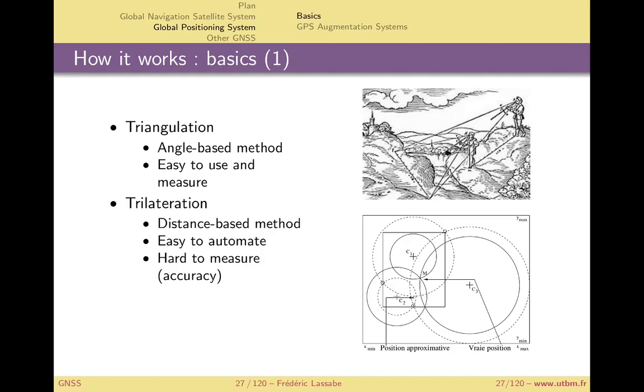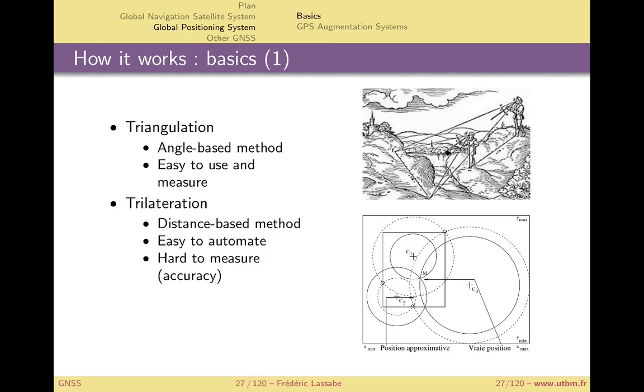You have no reference to give angles, so we use multilateration, which is a distance-based method. It's good because we can compute our distances between the satellites and the receiver chip. It's easy to automate. There is an iterative method which implies a lot of calculations, but that's what computers and electronic devices are good at.